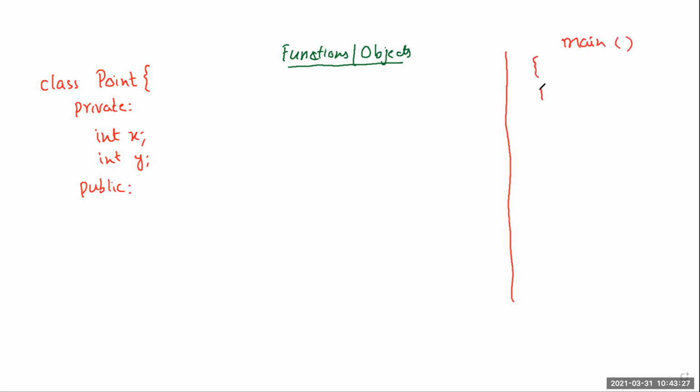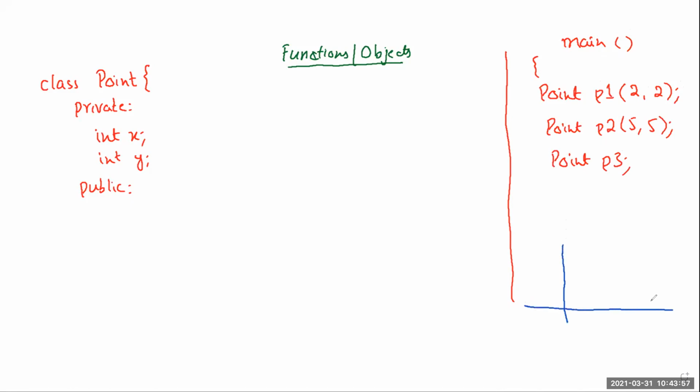Okay, so in main, suppose I take two points, point P1, which is 2, 2, and point P2, which is say 5, 5, and I take a third point P3. Let me also plot these points so that you can visually see what is going on. Maybe this is our x-axis, this is our y-axis.